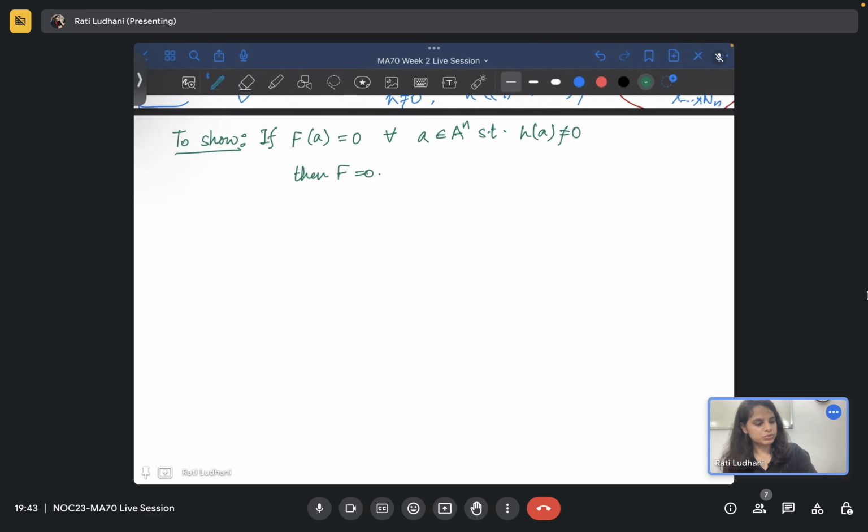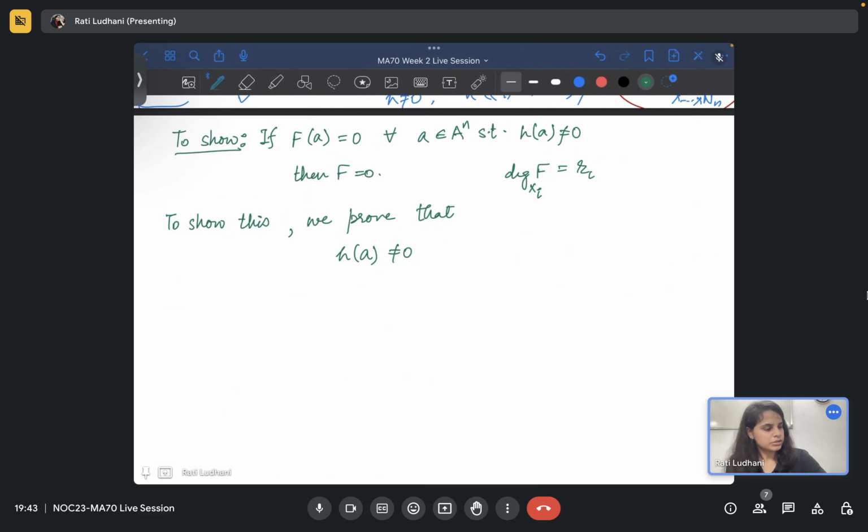That we need to prove. To show this, we prove that h(a) is not equal to 0. Here I am assuming the degree of f in xi is maybe equal to ri or less than, doesn't matter.